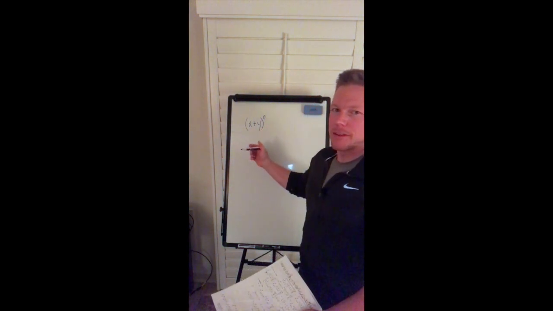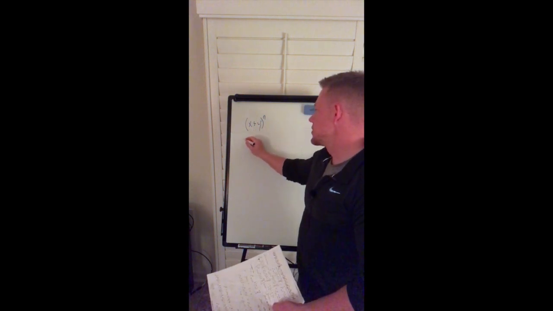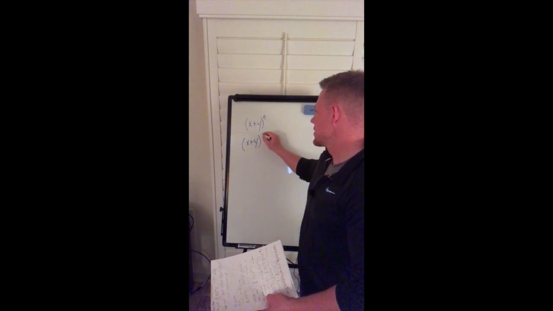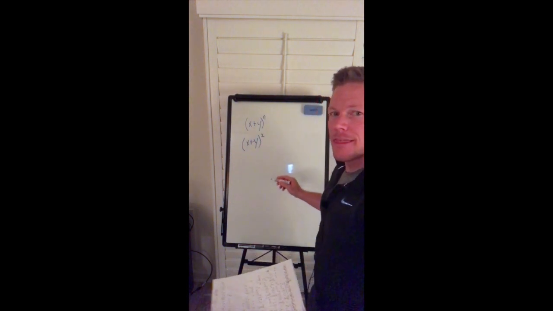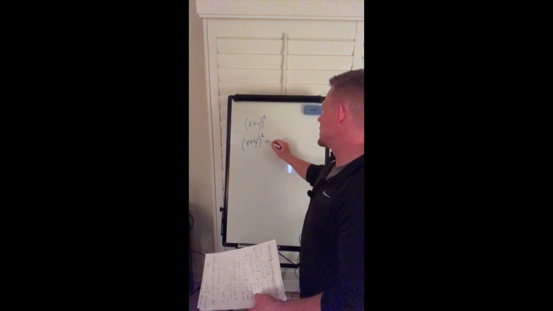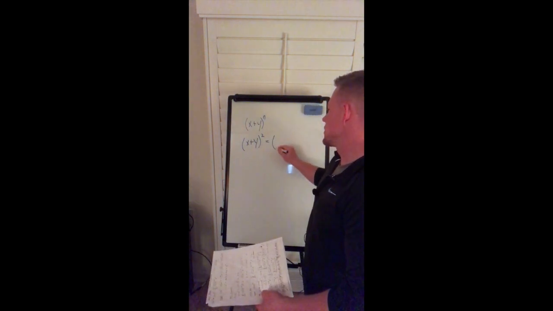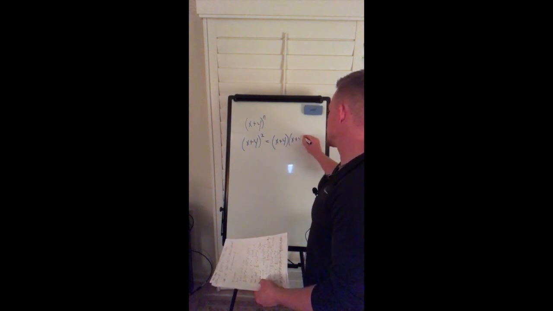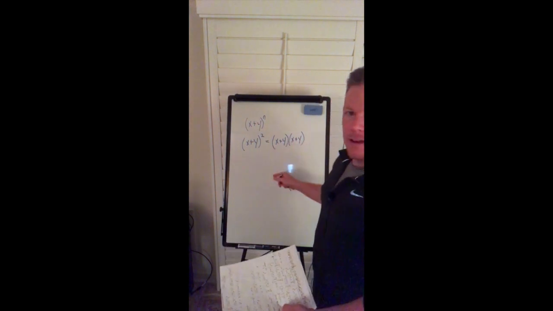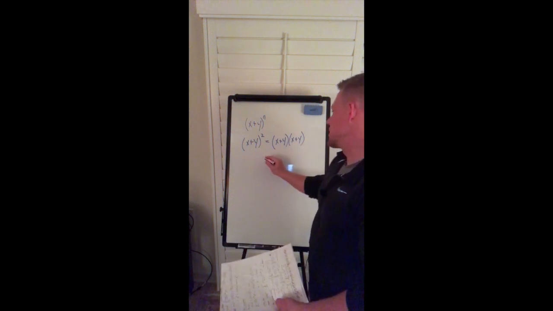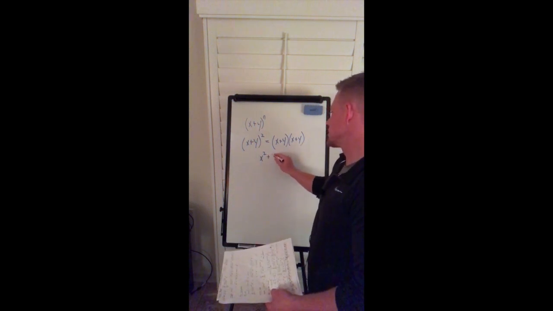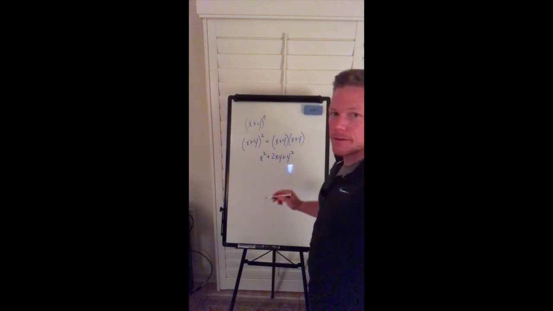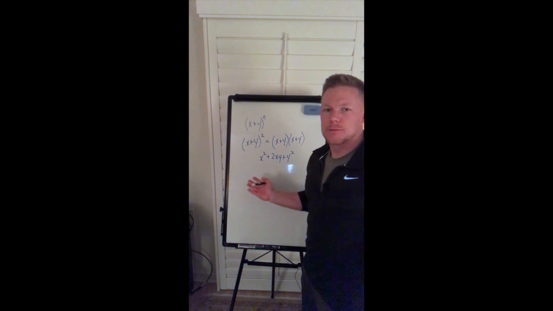When I expand something like this, for example, if n is equal to 2 and we have (x + y)^2, that's fairly simple because in that case I can just go (x + y) times (x + y). I do my distribution properties and I get x^2 + 2xy + y^2. So in that case, it's really not too bad.